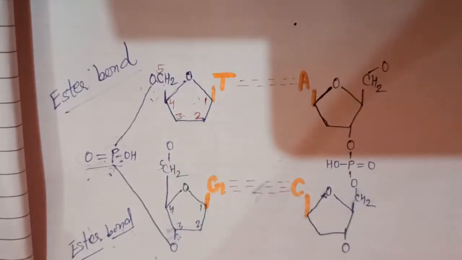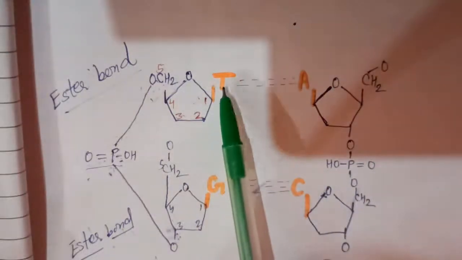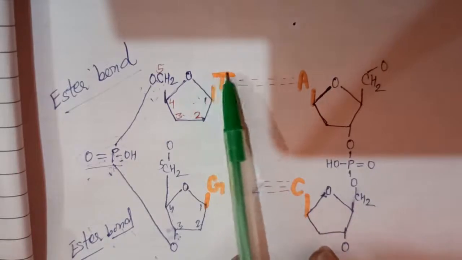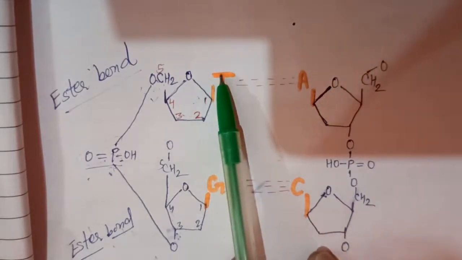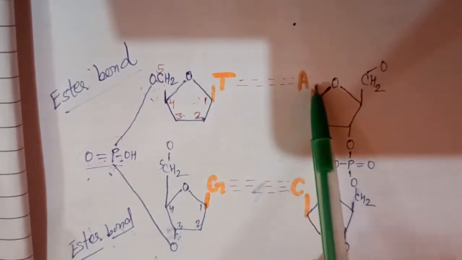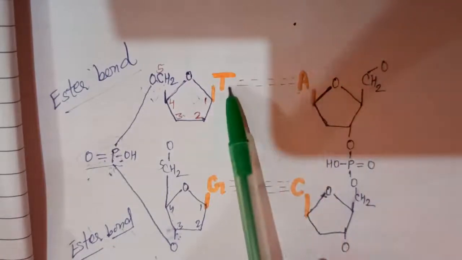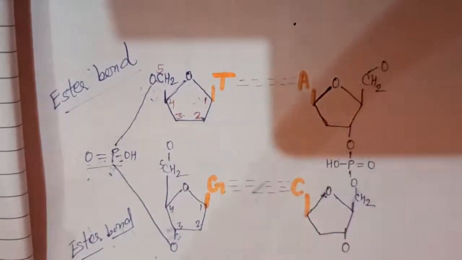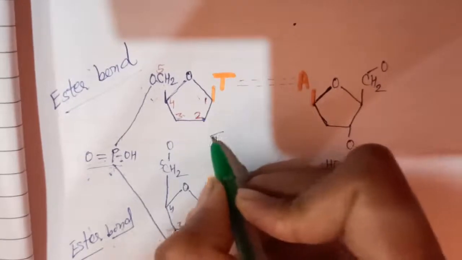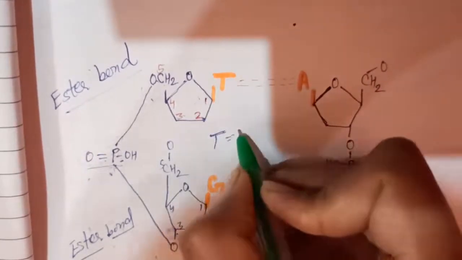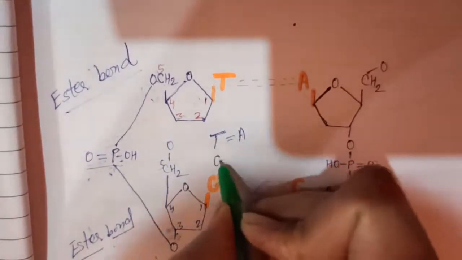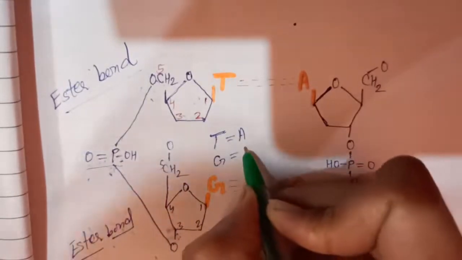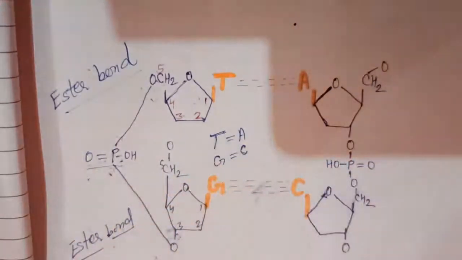Now one more thing that you need to understand, like you can see here this thymine. Thymine is a pyrimidine, right? And this adenine is a purine. So thymine always pairs with adenine, and guanine always pairs with cytosine, right?